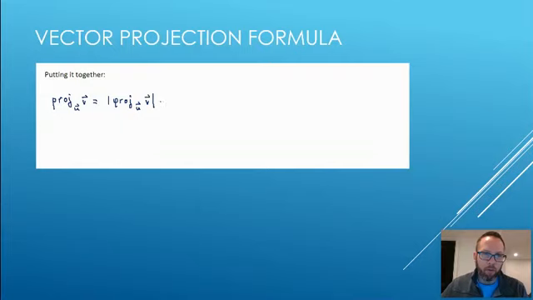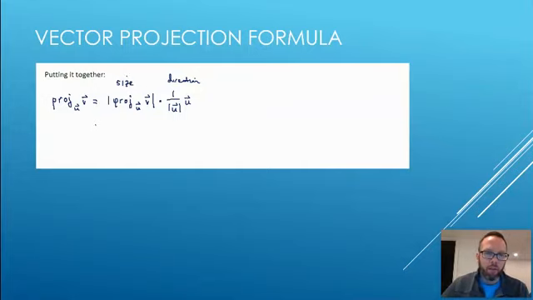And to get the right direction, we're going to multiply by a unit vector in the same direction as U. So this part is going to give us the right length, and 1 over the size of U times vector U is going to give us the right direction. So this guy here gives our vector projection the correct direction, and it's a unit vector, right? And this guy gives it the correct size.